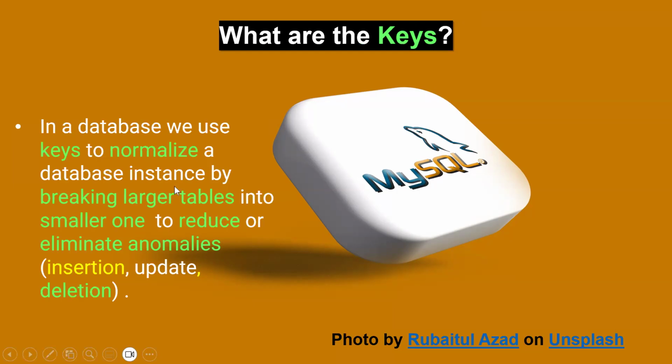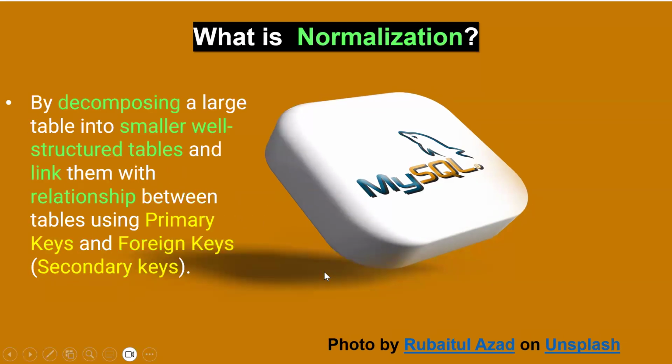So when you break the larger table into smaller tables, you're trying to make sure that each smaller table does not have the insertion, update, or deletion anomalies. As long as it doesn't have them, then you are in good hands. You have basically normalized it.